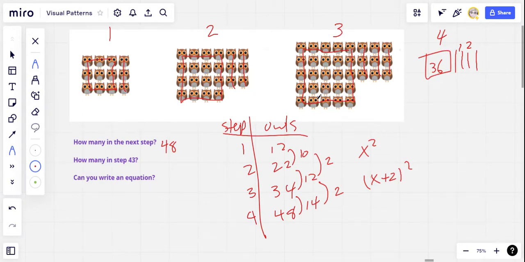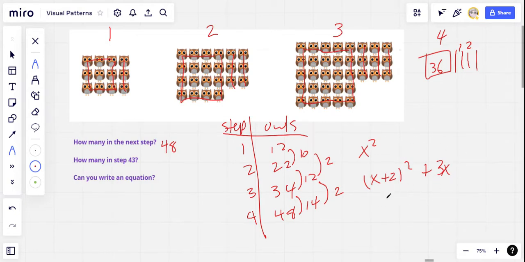So that explains that part. And then the rows of 3, there are just as many rows as there are the step number. So there's 1 row in step 1, 2 rows in step 2. So we could just add 3 for the number in the row times the step number, 3x. And I think that is going to give us our pattern.